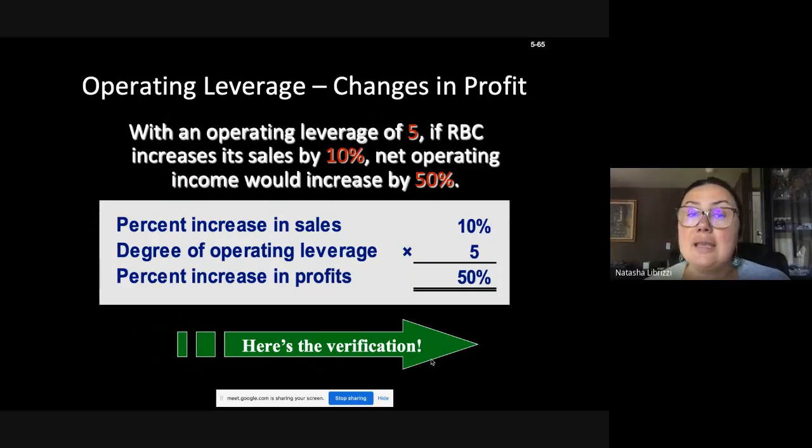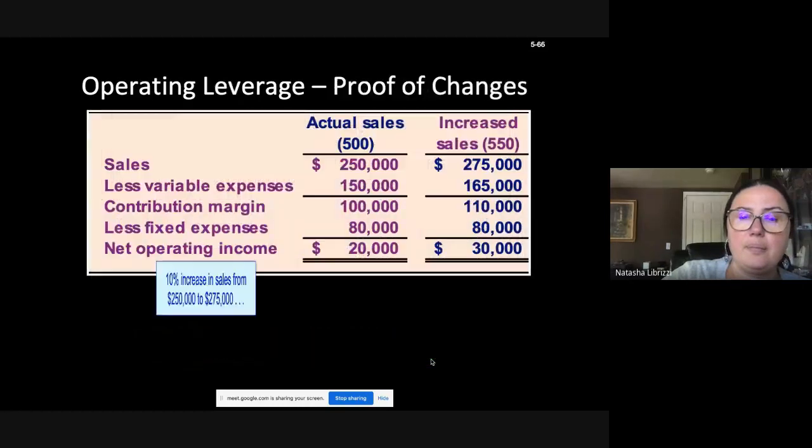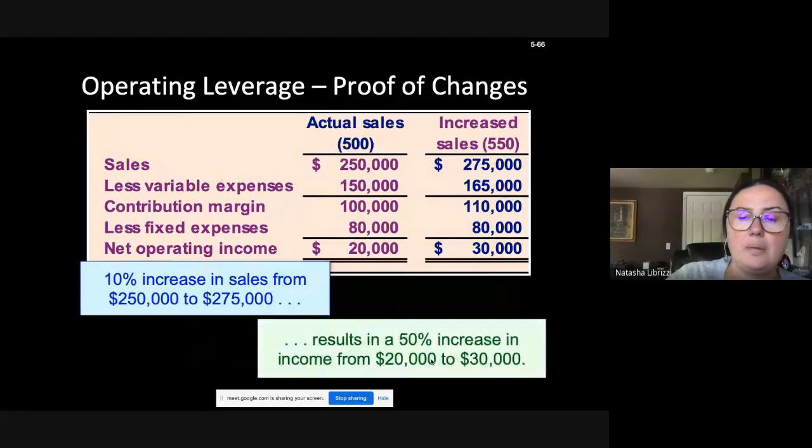So let's say RBC increased sales by 10%. With the operating leverage of 5, and remember, operating leverage is how your fixed costs and variable costs are distributed among each other, it will actually increase your profit, the bottom line, by 50%. So if we do the calculation, 50% of 20,000 is 10,000.